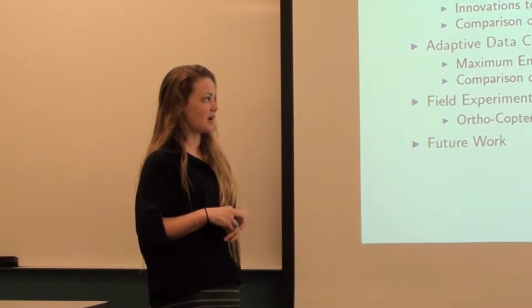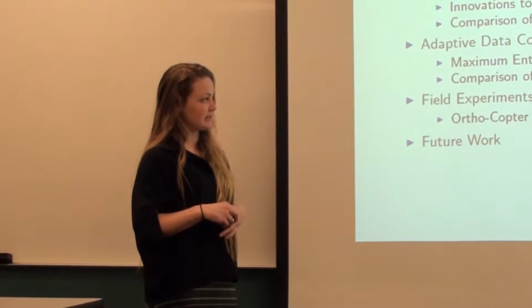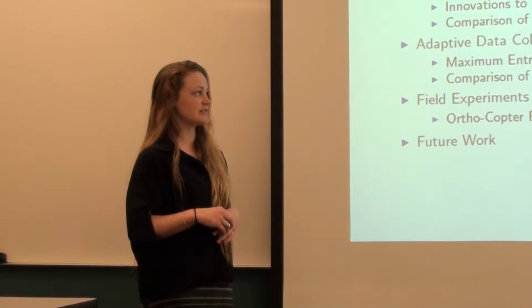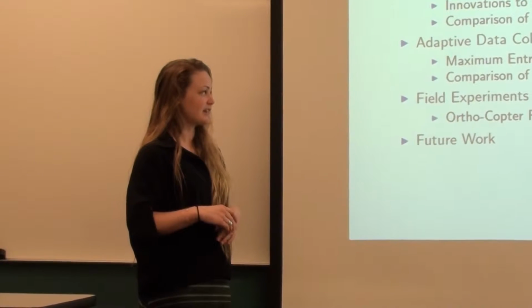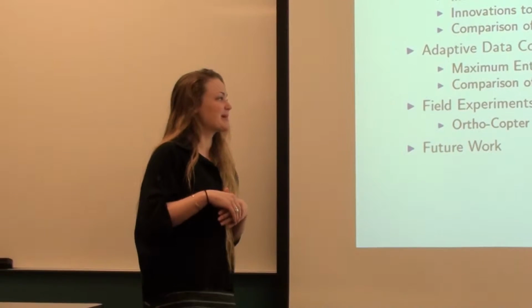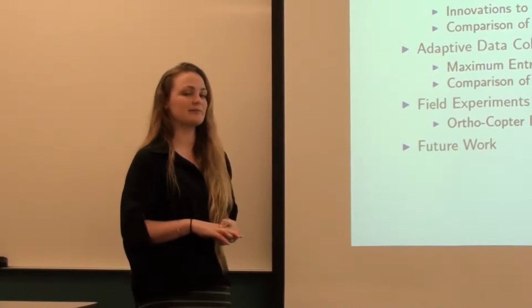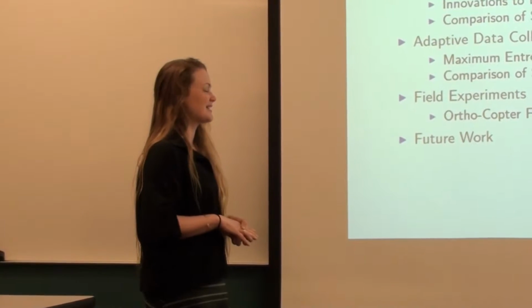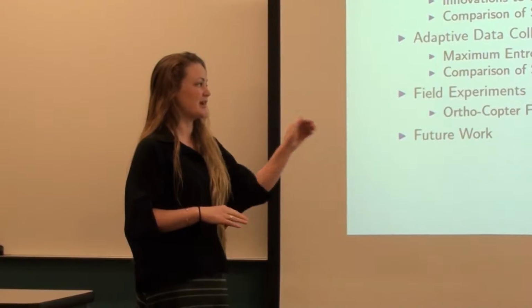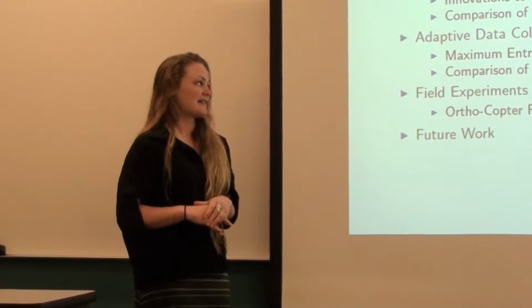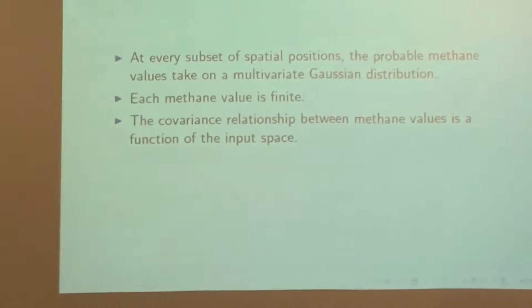And then I'll talk about our maximum entropy sampling technique, and I'll show you some of the simulated results that we got for that. Most exciting part is that we actually have one field experiment data that I can show you, and it's very, very cool, and it was sampled using an orthocopter. And then I'll talk about the future work that we did not get to address.